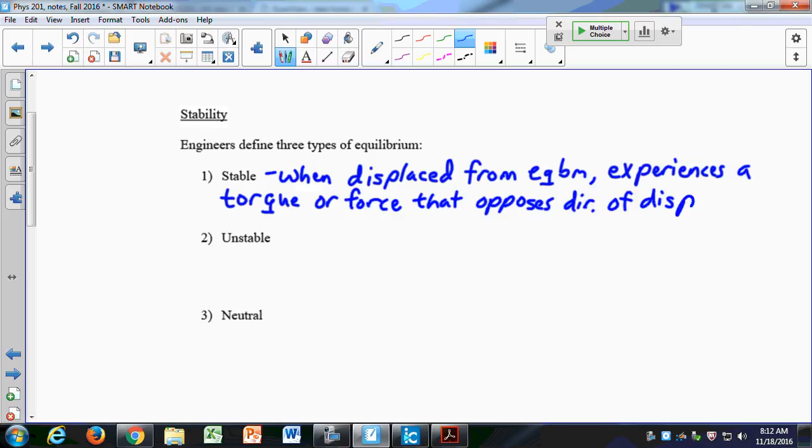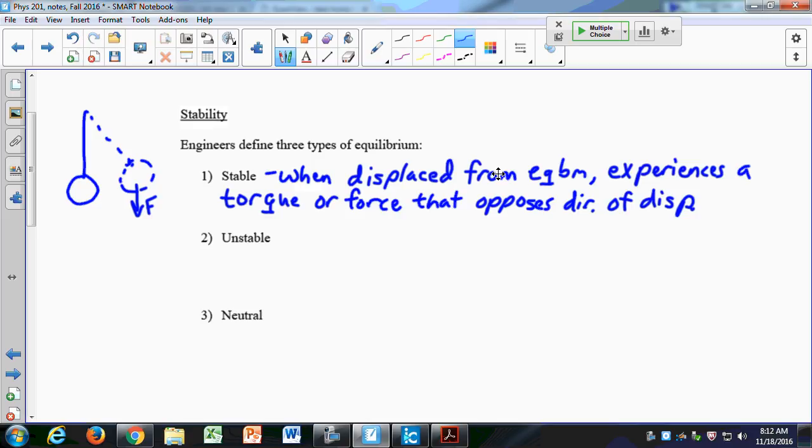A good example of this is a pendulum. A pendulum is a stable configuration where its equilibrium position is like this. If I pull the pendulum out to the side, it has a force, the weight of the pendulum, that moves it back into its equilibrium position. So that would be a stable configuration where the force causes the object to move back into its equilibrium position. You can also have an unstable.